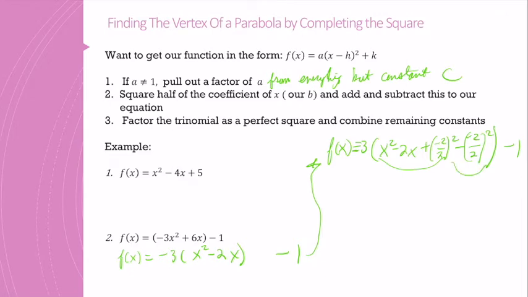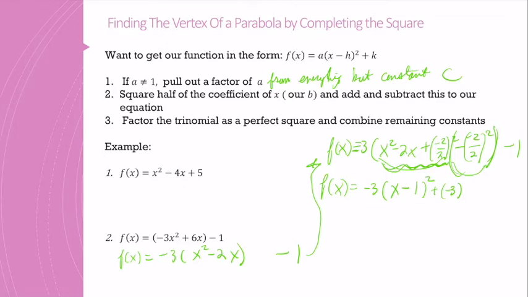So I have f of x equals negative 3 times x minus 1 squared, because this is going to factor into our perfect square trinomial. Then I have negative 3 times this remainder right here. Negative 2 divided by 2 squared.